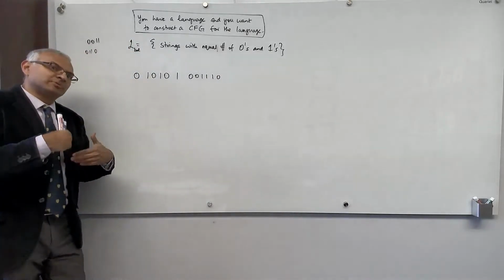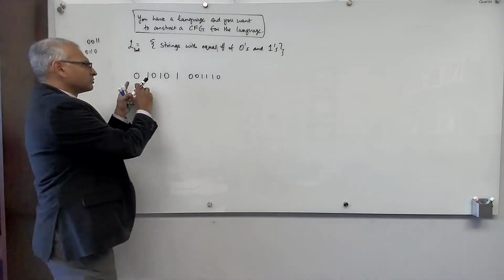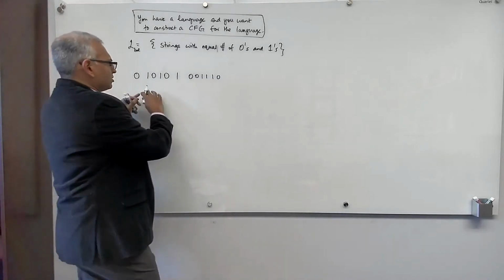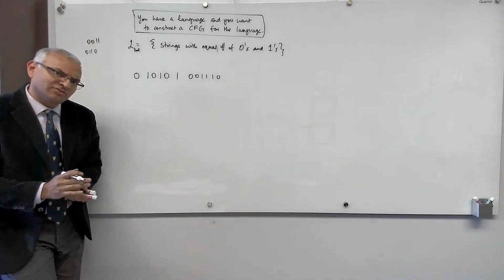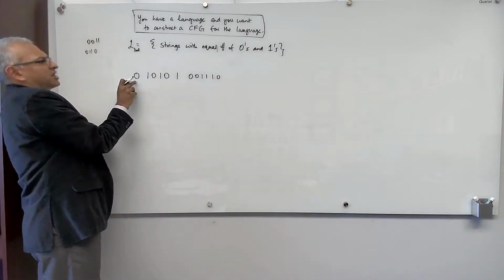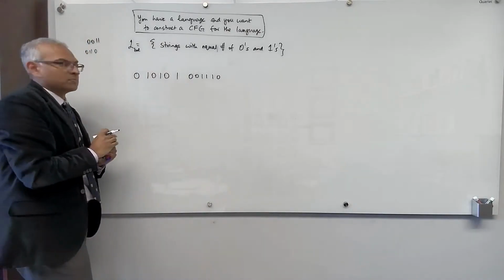Now, if I'm trying to develop a recursive definition for this language, I have to try to relate this string to smaller strings in the language. This is where the creativity comes in. I observe that any string in this language either starts with 0 or starts with 1. This is the case where it starts with 0.